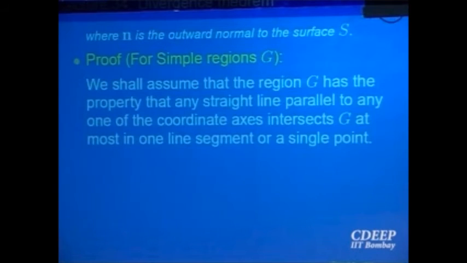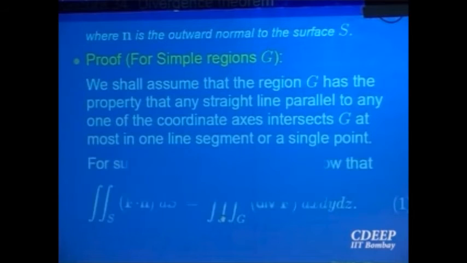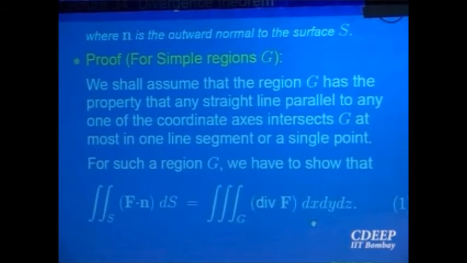So every vertical line will intersect the domain G only in one line segment. Similarly for lines parallel to the y-axis and lines parallel to the z-axis. A very nice assumption we are making. For such a region, I want to show this is equal to this.